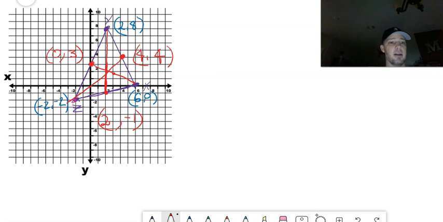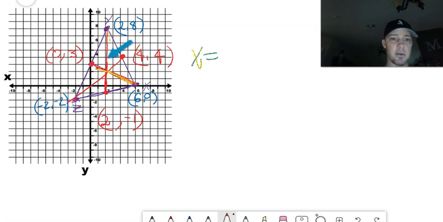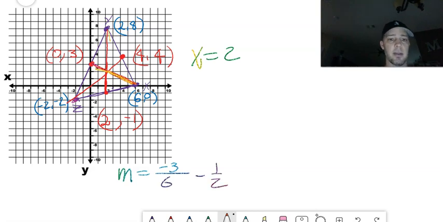So what's the easiest one here? Let's do this one right here and that vertical one. This equation is x equals 2. That big red line right through the middle is x equals 2. This equation I need to figure out. That's not going to be too hard. The slope equals, change in y went down 3, change in x goes up 6, so negative 1/2.